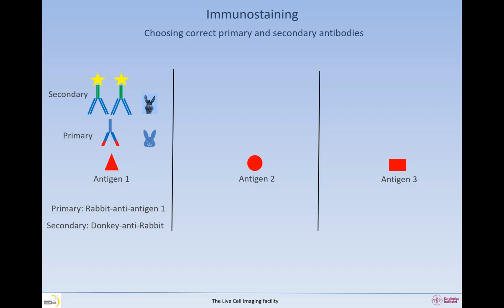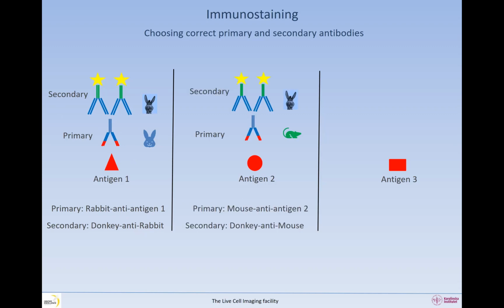Now, if we have another antigen 2, the primary antibody is a mouse anti-antigen 2. So again, your secondary antibody has to be raised in a species which is different. So in our case, it will be a donkey. It will be donkey anti-mouse.